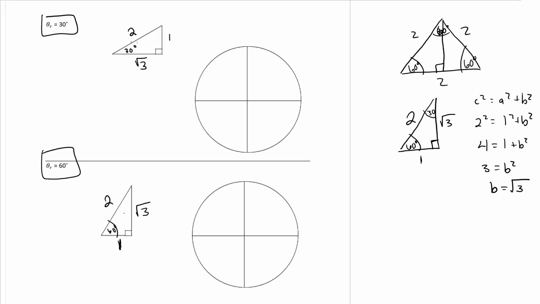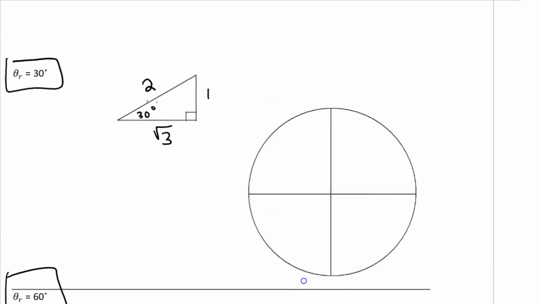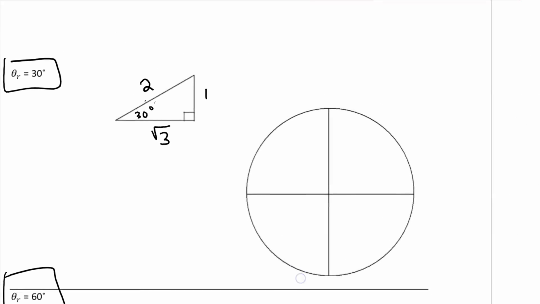So let's now just zero in on the reference angle of 30. So if we were to look at the cosine of 30, which is our x, cosine is going to be adjacent over hypotenuse, root 3 over 2.